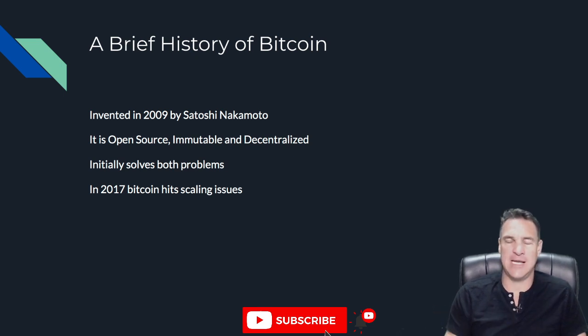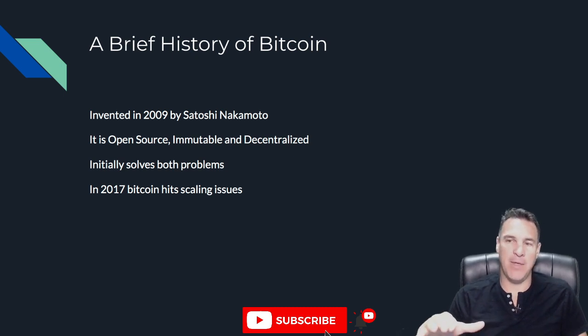Sure, if you were sending $1 million or even $1,000, the fees were on the order of $3, $4, $5. That was still way better than transferring money via the SWIFT system, or paying international or even domestic wire fees. So it was still good, but it wasn't delivering on its promise of free and instant. It was still instant, but it wasn't a free transfer of wealth all over the world.